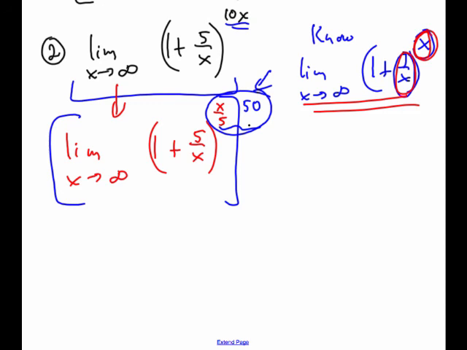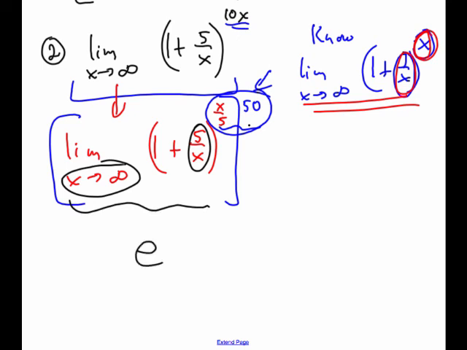Now the other question you might ask is the fact that this is 5 over x and x is going to infinity, does that in any way affect this from being e? And the answer to that is no, it doesn't, because as x goes to infinity here, x over 5 is still going to go to infinity, not just as fast, but we're going to infinity. We're going to a never-ending amount. So yeah, this is still e, and then to the power 50.